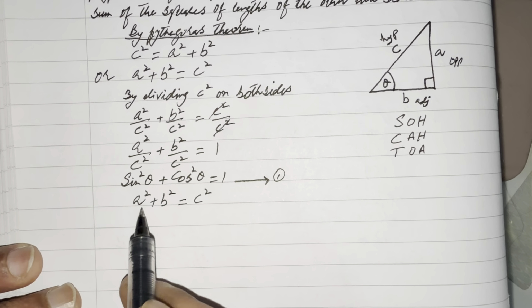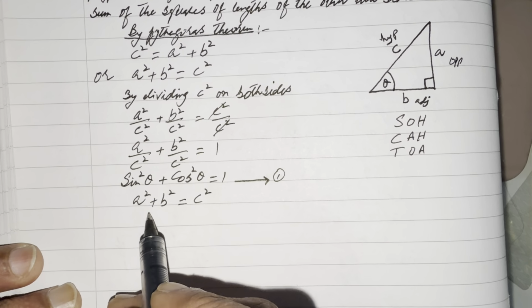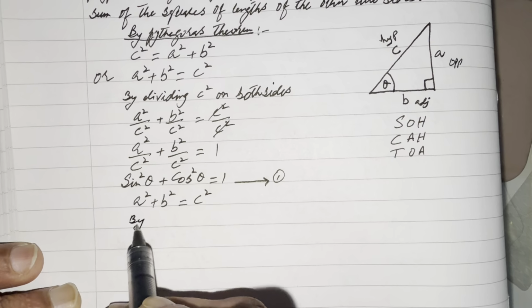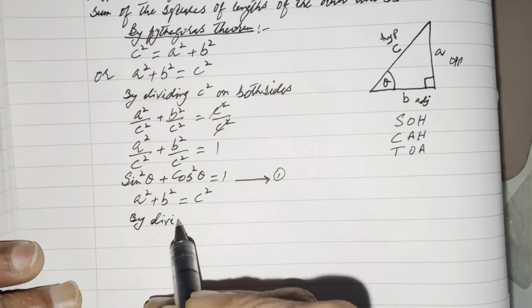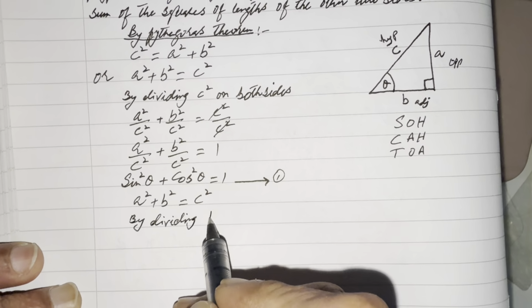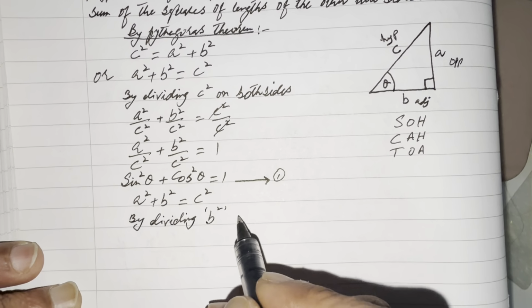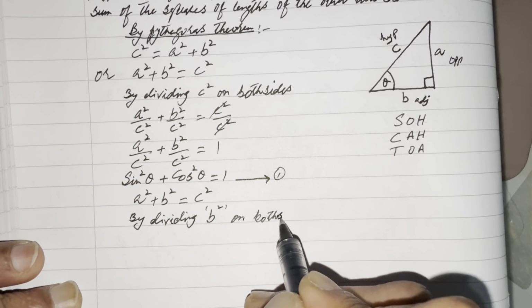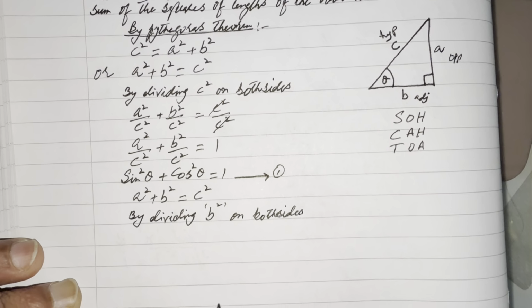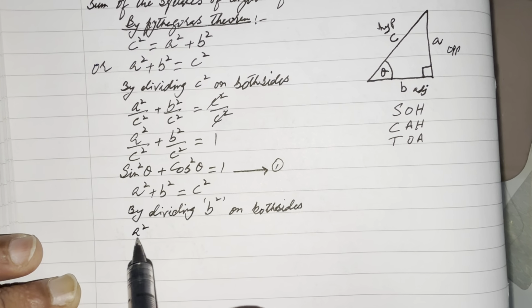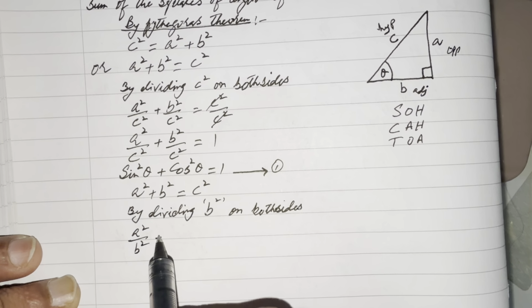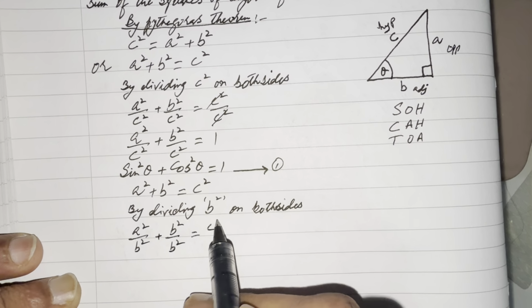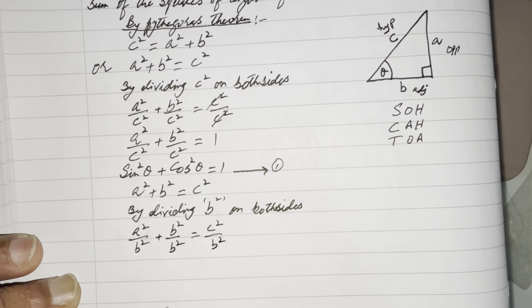So by dividing b square on both sides, a square plus b square, divided by b square, is equal to c square divided by b square.